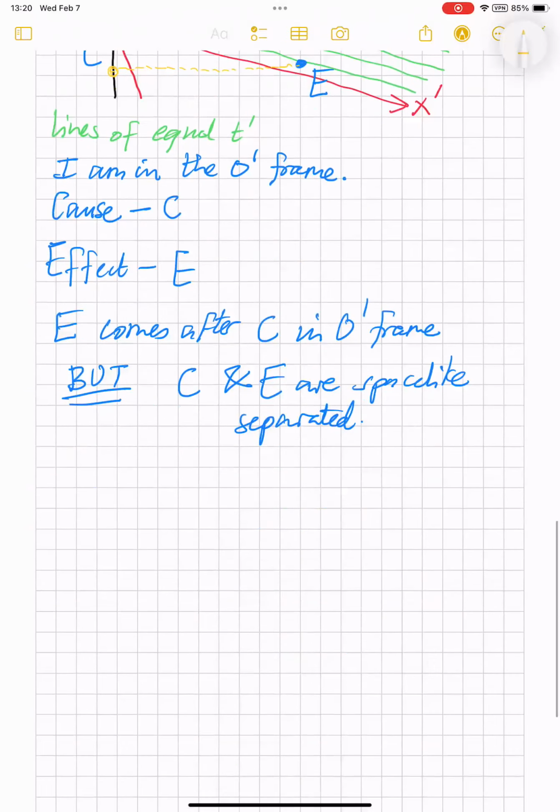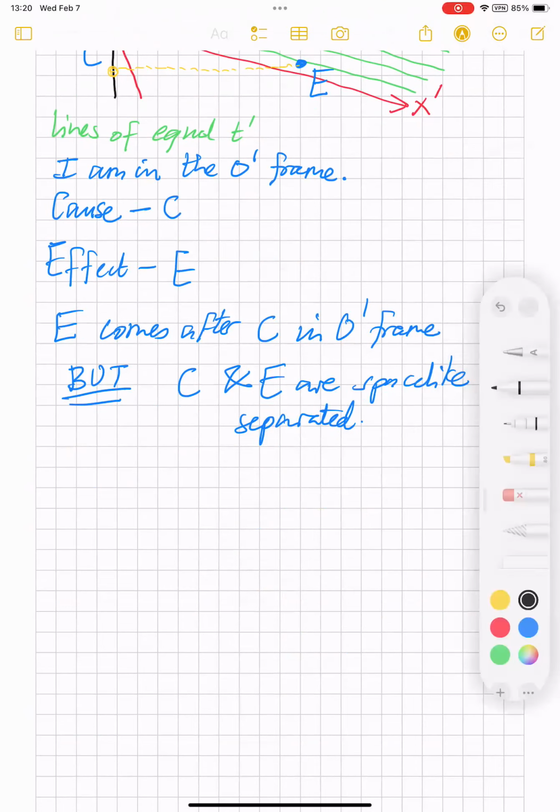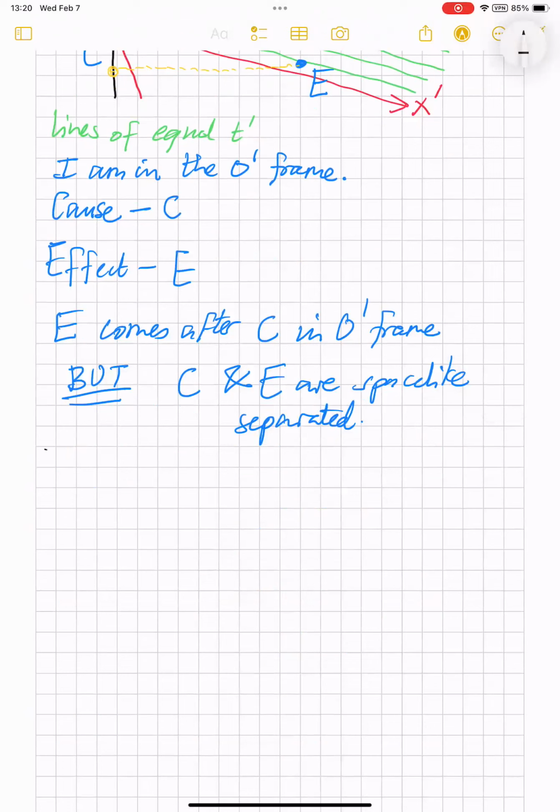So, if you want to preserve causality, that means in every single Lorentz frame, the effect must happen after the cause. So that's what I mean by these three words. So to preserve causality, I mean in every single Lorentz frame, the effect comes after the cause.